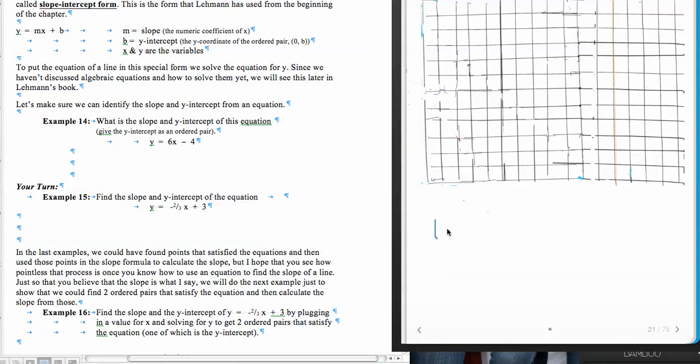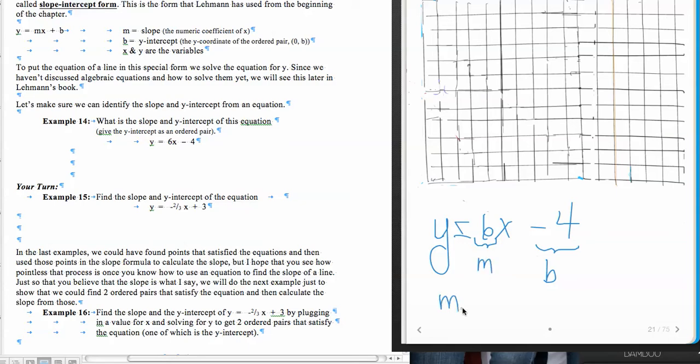My line here is y equals 6x minus 4. When we look at this slope-intercept form, the y-intercept is given by the constant that includes its sign. So that's our b. And whatever the numeric coefficient of the x is, that's our m.